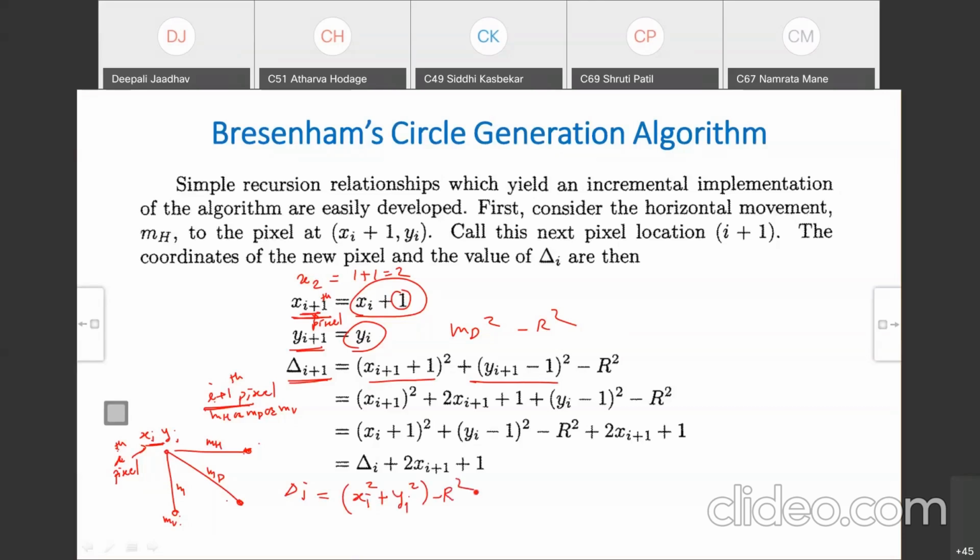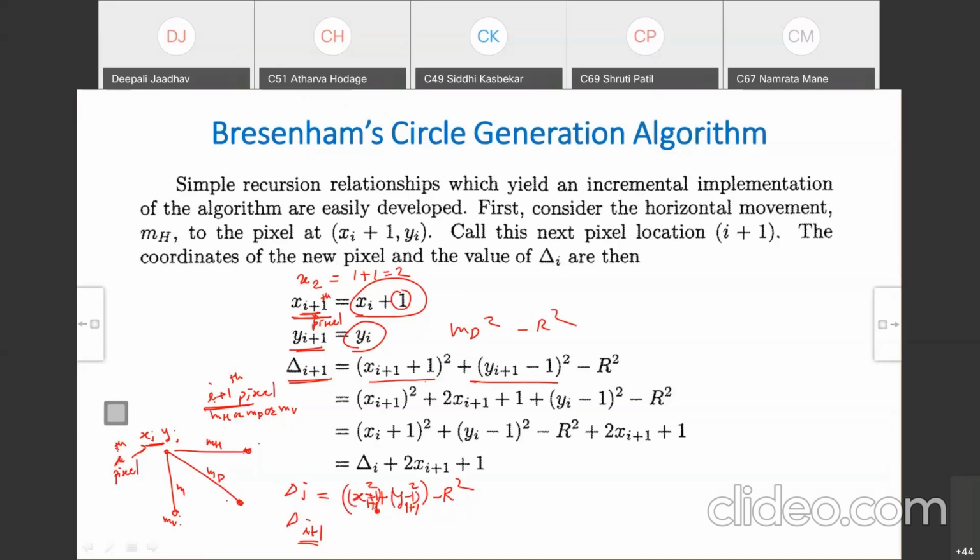What are we going to find here? The I plus 1th. This is for the ith pixel, and this is for the I plus 1th pixel. So here we need to add plus 1. Instead of xi, we use I plus 1 here. The plus 1 and minus 1 are there already.